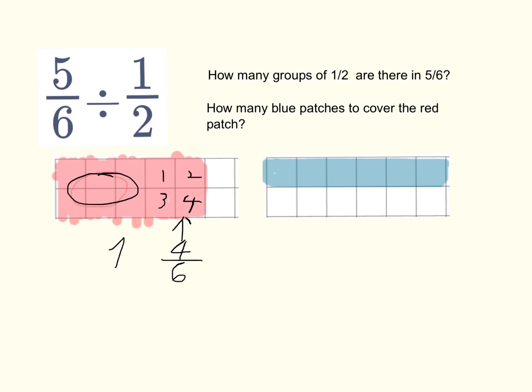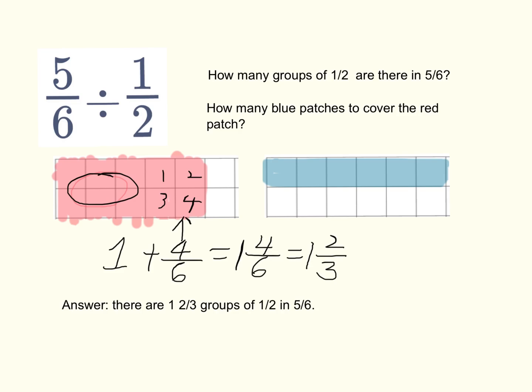So this is one group plus 4/6 of a group of blue patches to cover the red box. So in other words, your answer is there are 1 and 4/6 groups of 1/2 in 5/6. Okay, so 1 and 4/6, you can reduce that to 1 and 2/3. So let's write down the answer. Okay, so the answer is here. There are 1 and 2/3 groups of 1/2 in 5/6.